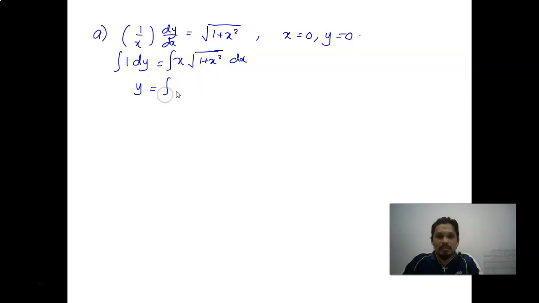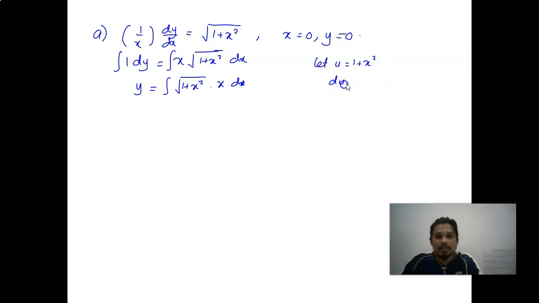If I make this something like this, square root of 1 plus x squared multiplied with x dx. The reason why I switch the position of this multiplication is that 2 times 3 or 3 times 2 is still the same, right? Okay, let u equal to 1 plus x squared.